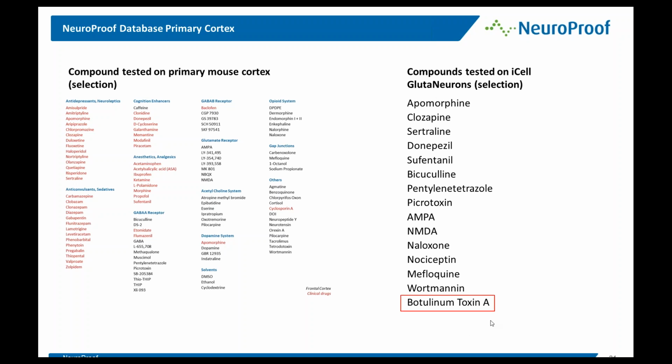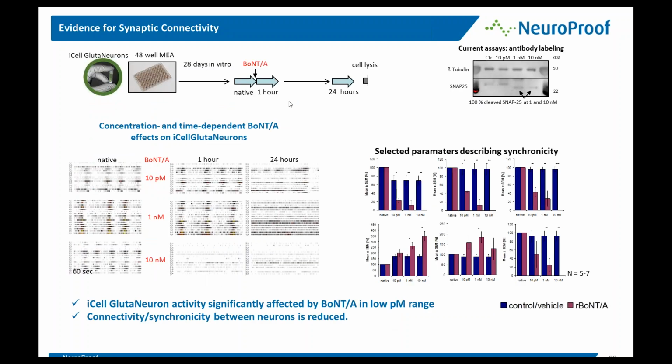We have also tested the botulinum toxin, which is a measure for synaptic connectivity, because it destroys synaptic connections. And what we see here is that if we add it after 28 days in vitro, in pico to nanomolar ranges, which is very high concentrated, of course, the synchronicity actually is abolished by botulinum toxin, and this in a concentration and time-dependent manner.